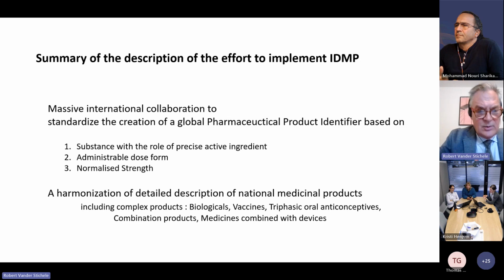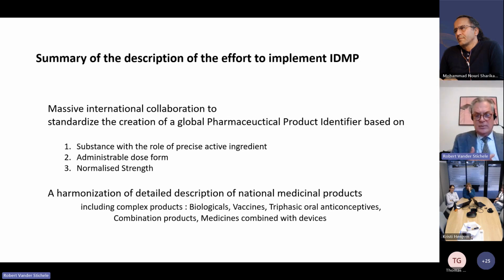And in addition, there will be a harmonization of the detailed description of national medicinal products, including complex products, biologicals, vaccines, triphasic oral contraceptives, which can be a nightmare to describe, and then the combination products and medicines combined with devices.